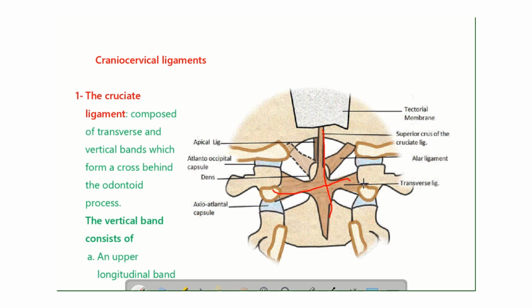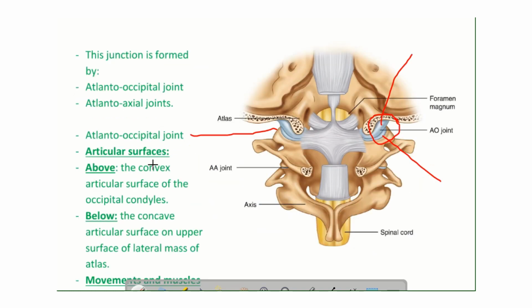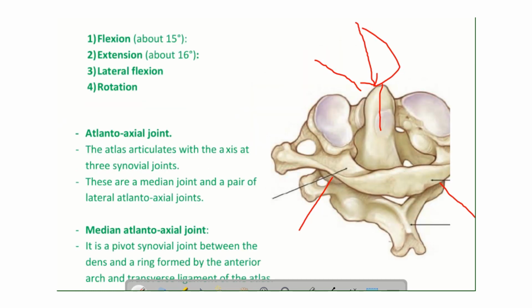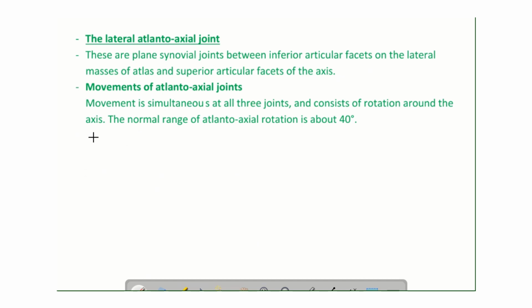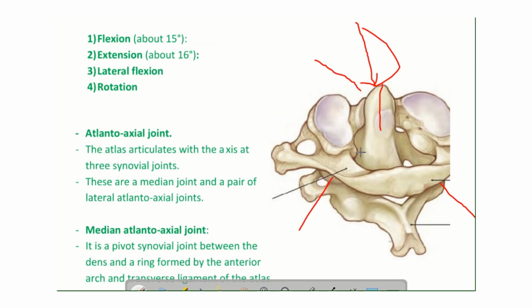This transverse band lies behind the back of the dens. The dens has a facet on its back. This facet marks the site of the transverse band of the cruciate ligament.